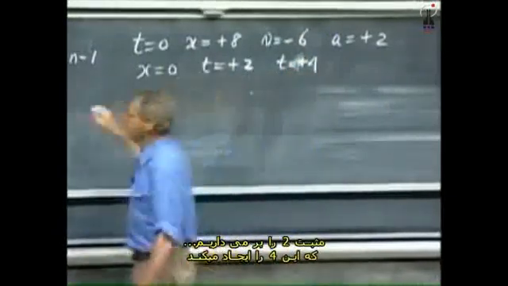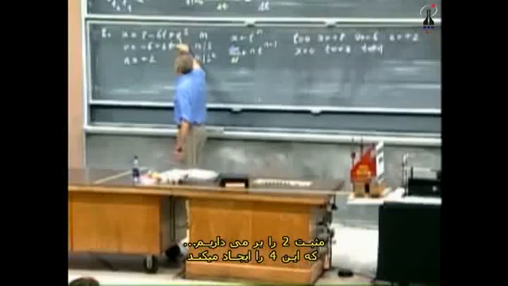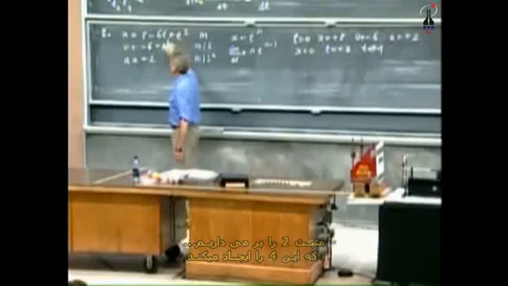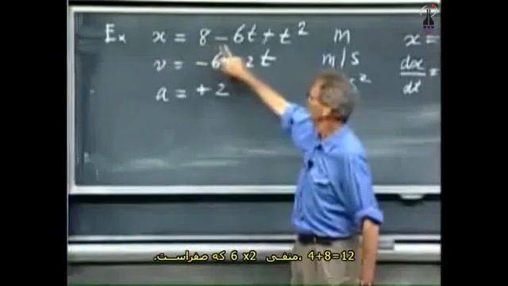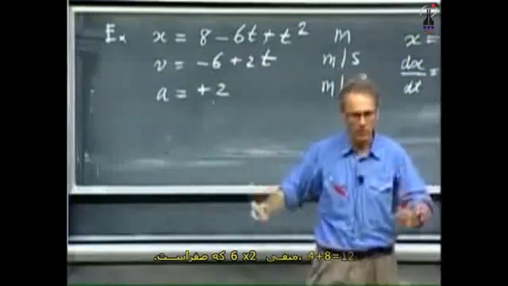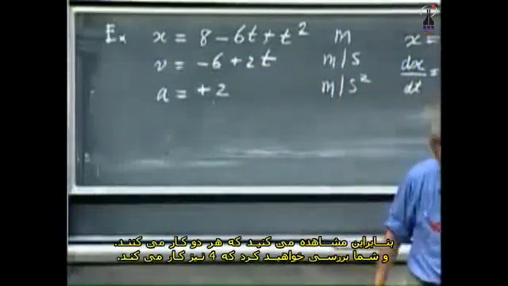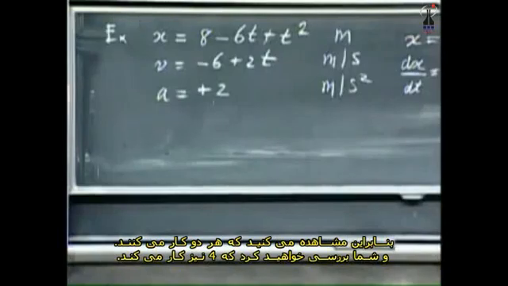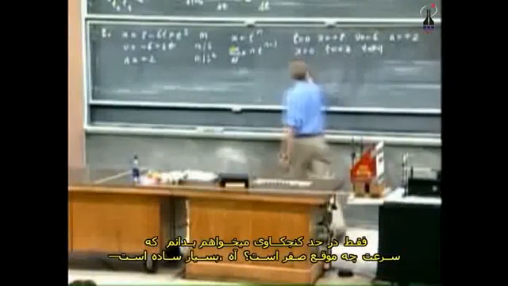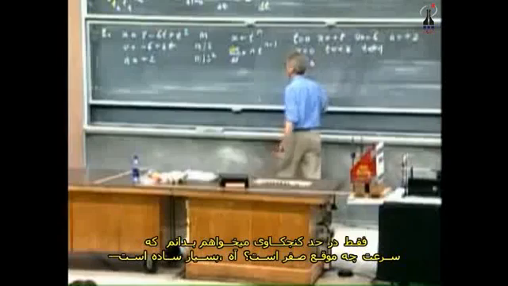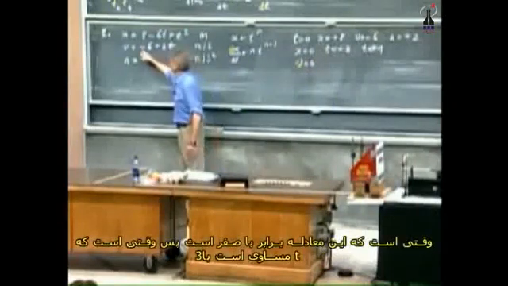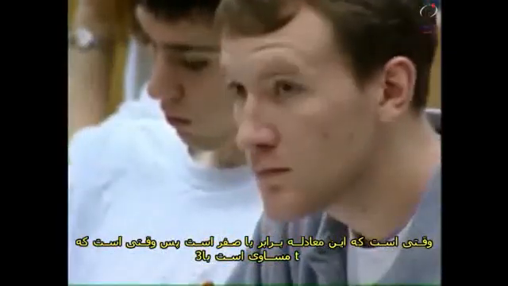Take the plus 2, that makes this 4. 4 plus 8 is 12, minus 6 times 2, that's 0. So you see the 2 works, and you check that the 4 also works. Just for my curiosity, when is the velocity 0? Oh, that's easy. That's when this equation is 0, so that's when t equals 3.